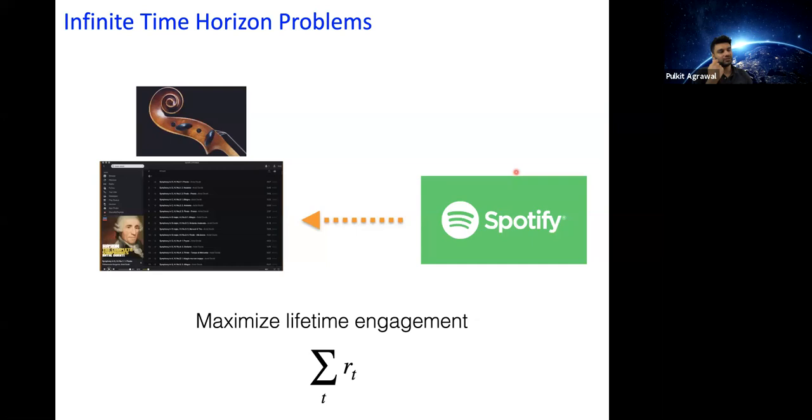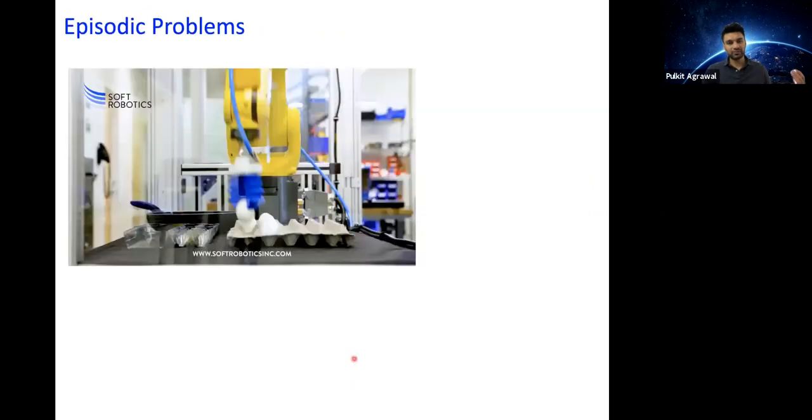Sometimes the goal of my decision making system is to maximize lifetime engagement, right? Or to maximize rewards over lifetime. For example, if I'm Spotify and I want to recommend music, I want this person to come throughout his lifetime to Spotify or whatever service I have. So I really want to maximize the rewards over the lifetime, right?